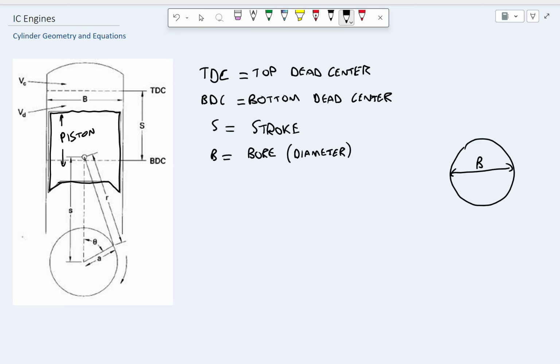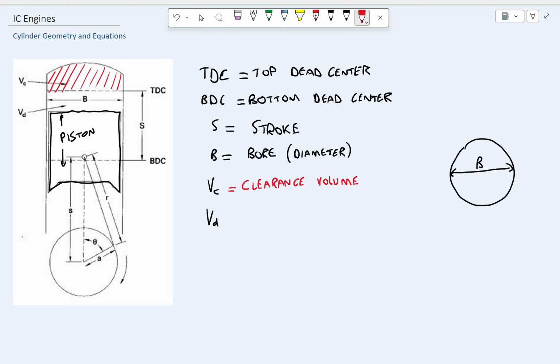In the upper part of the diagram, we also have VC and VD. Now, VC is actually this volume right here, and it's called the clearance volume. I'll write it in red so we know that we can associate it with the image.